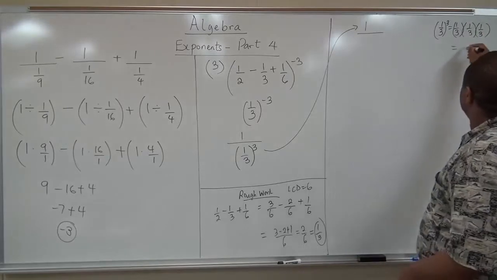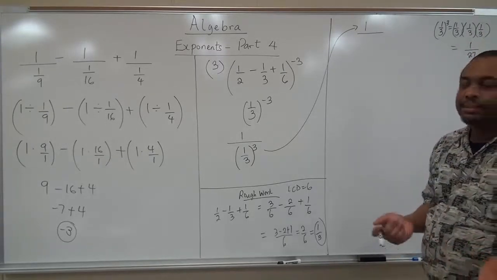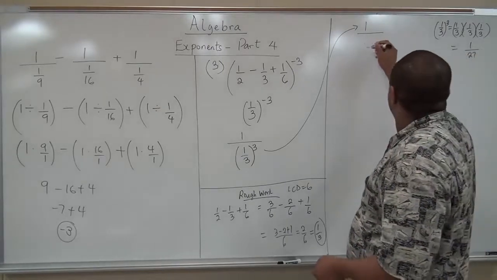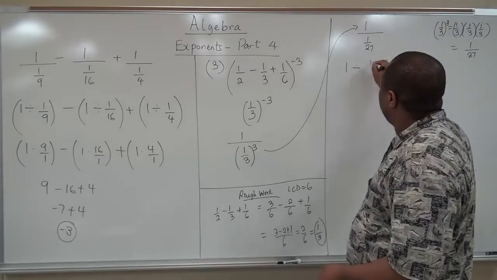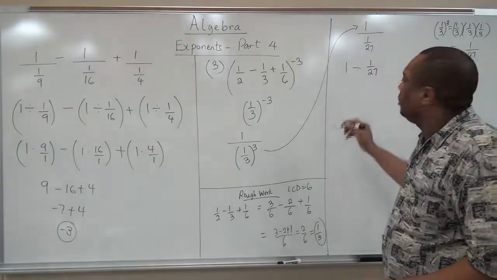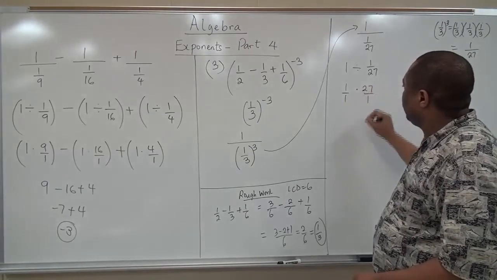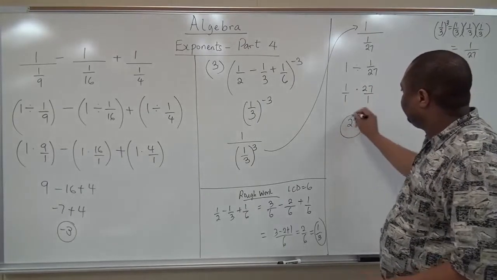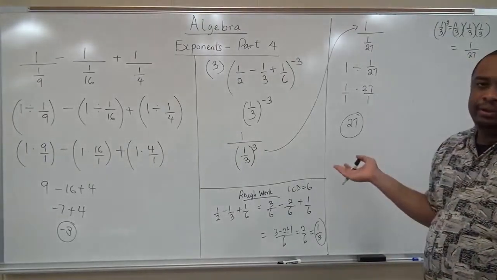So this gives us 1 over 27. 3 times 3 is 9, 9 times 3 is 27. So 1 divided by 1 over 27 is 1 over 1 times 27 over 1, which is 27. And this becomes your answer. This is one way of doing it.